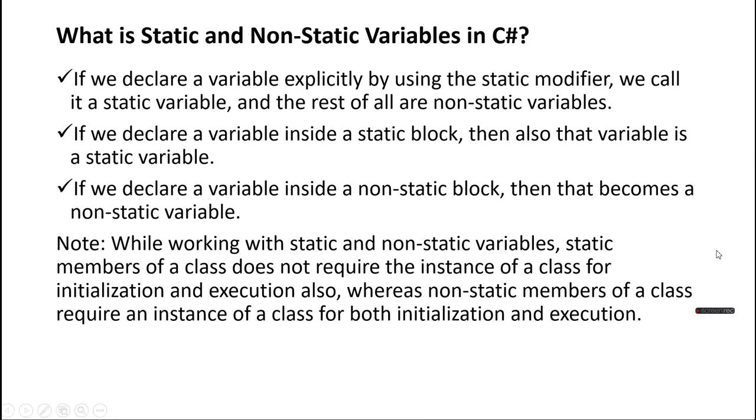If we declare a variable inside a non-static block, then that becomes a non-static variable. Remember, while working with static and non-static variables, static members of a class do not require the instance of a class for initialization and execution, whereas non-static members of a class require an instance of a class for both initialization and execution.